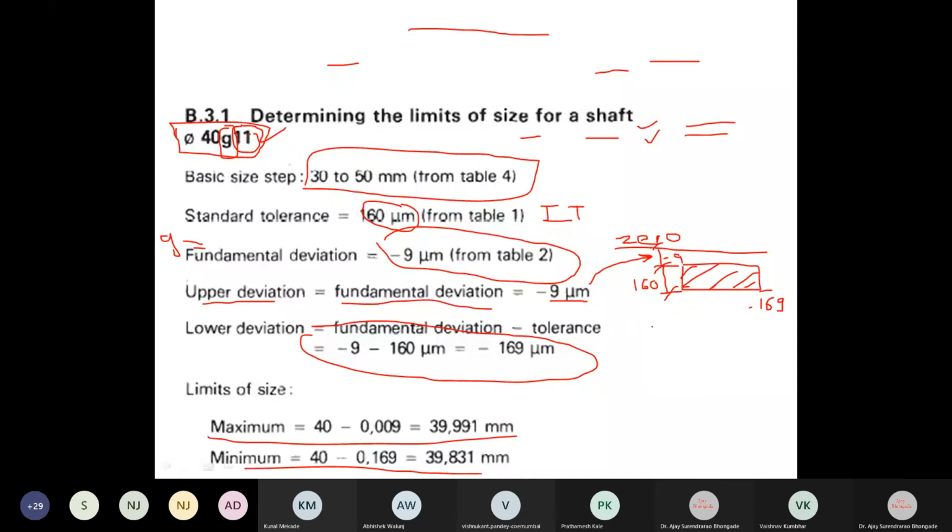If I state it again in a schematic way, my upper limit of the shaft will be 39.99 and the lower limit is 39.83. This is the upper limit and this is the lower limit. Okay, is it clear? Any questions on this?